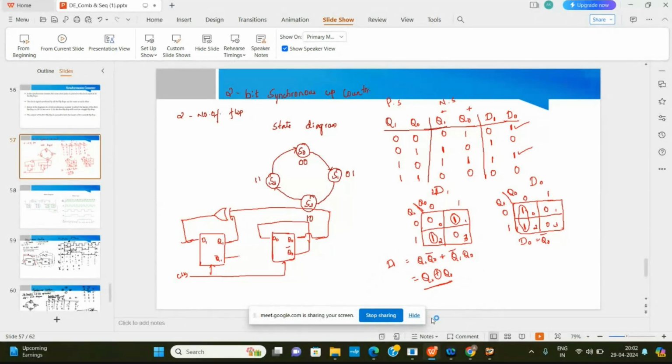Two-bit down counter: 0 0, 1 1, 1 0, 0 1. For the 2-bit down counter, first it will be counting from 0 0 to 1 1.